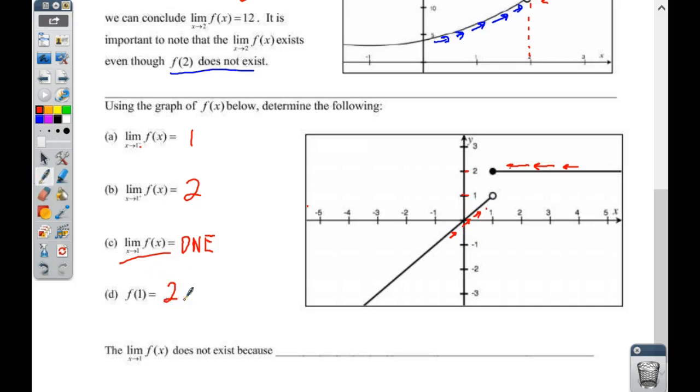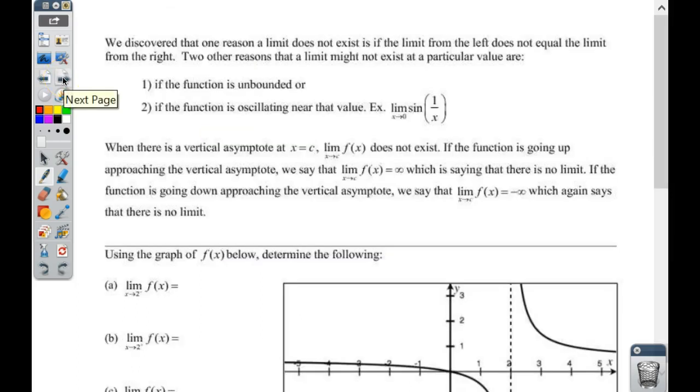Now in this particular case, we say that the limit as x approaches 1 of f of x does not exist because the left limit is not equal to the right limit. The left and right limits differ from each other. Now that's one of 3 different reasons why a limit will not exist.